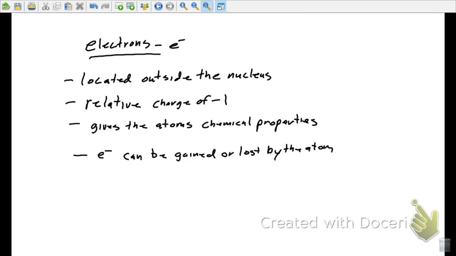Okay, so scenarios. When electrons are lost, the charge is positive.